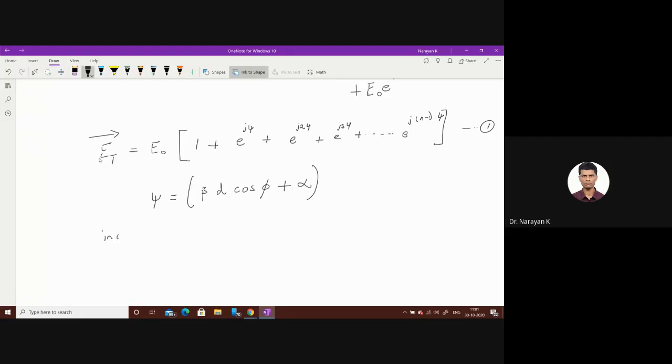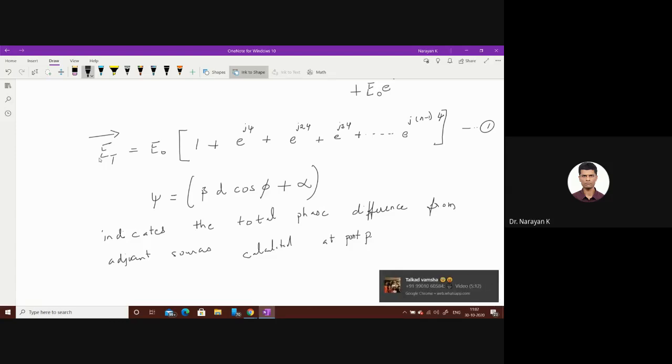This indicates the total phase difference from adjacent sources calculated at point P. Where alpha indicates.